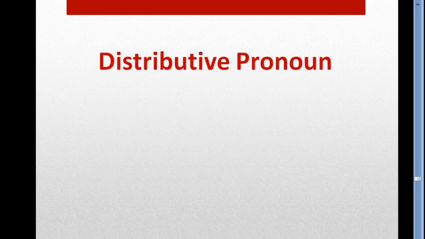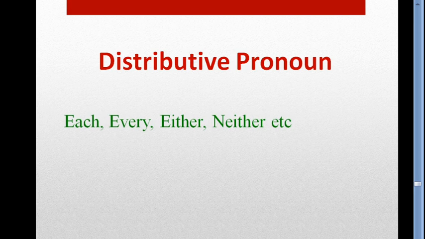Let's see another one. Distributive pronoun. What are distributive pronouns? Each, every, either, neither, etc. These are the distributive pronouns, and we use them to indicate two or more persons or objects differently.